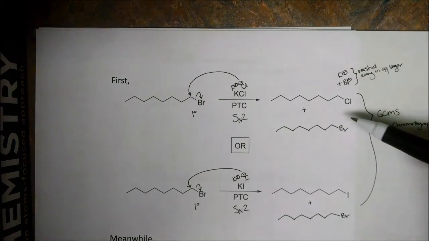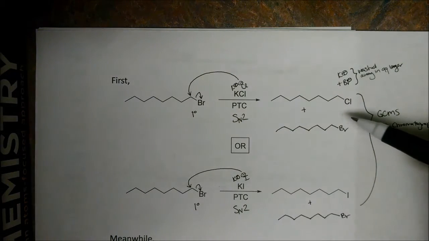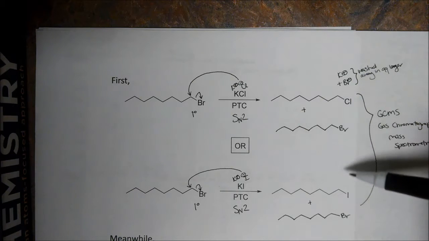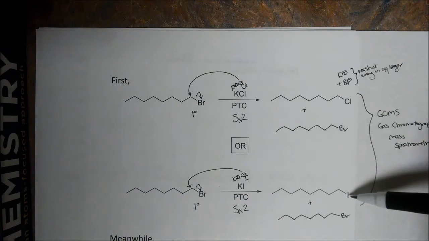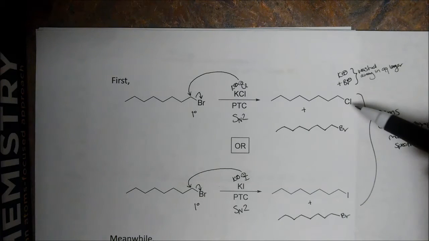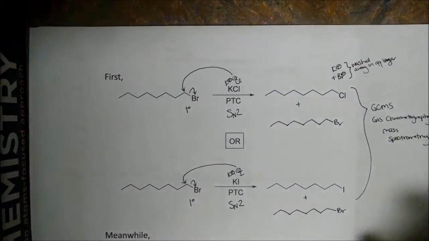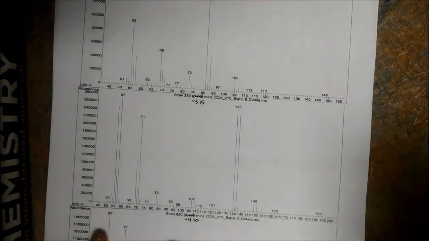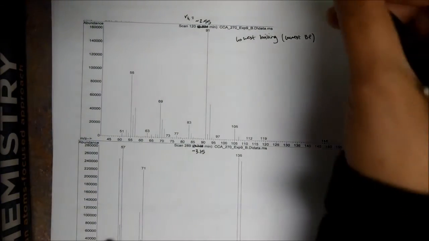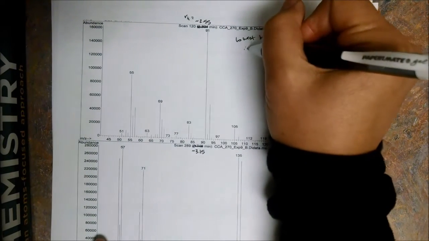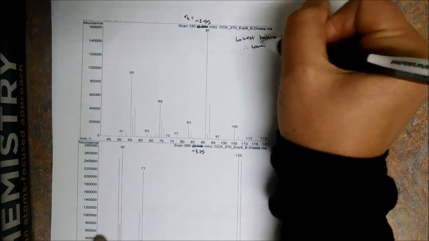It goes, actually, as it's drawn here. Cl is above bromine, is above iodine. Okay, so iodide is going to be the largest compound, so it's going to have the highest boiling point, and chloride is going to be the smallest compound, or lowest molecular weight, and so it's going to have the lowest boiling point.